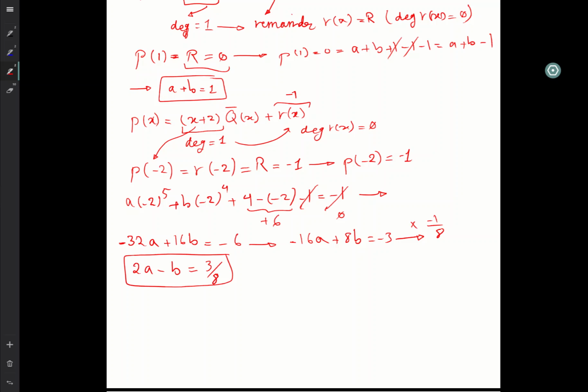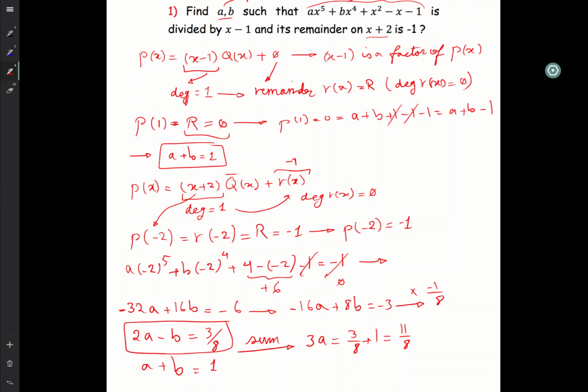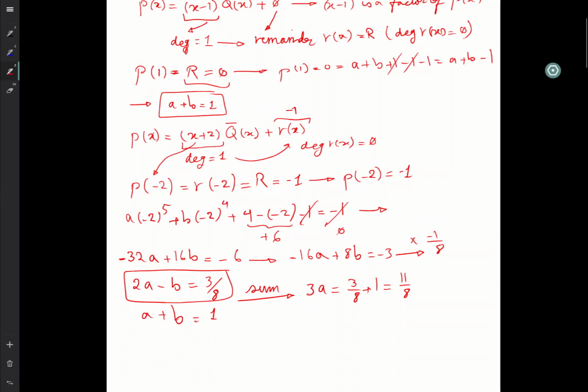And now we already know that a + b is also 1. So just add them together, and then 3a becomes 3/8 + 1, which is 11/8. And therefore a is 11/24.